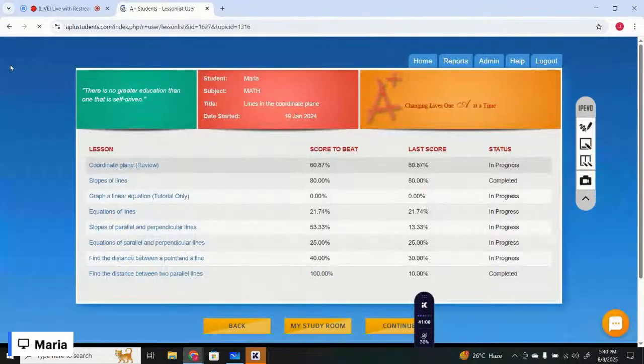The lessons we have covered today are coordinate plane, slopes of a line, graph a linear equation and equation of a line. So please make sure before the next session you complete all the practice questions for the lessons we just did. That is your homework until the next session.